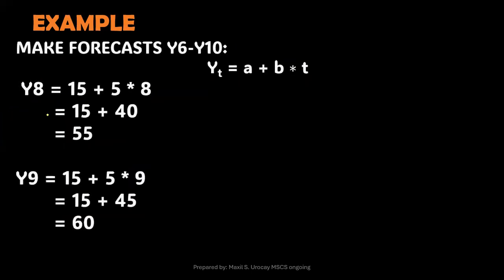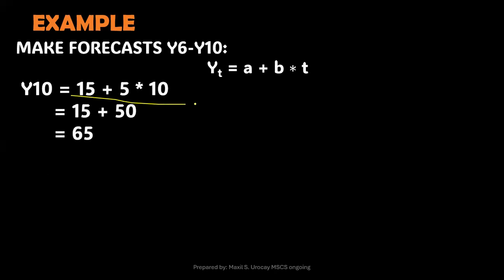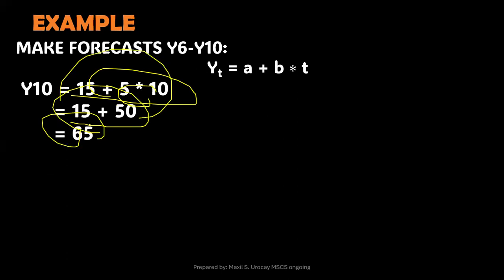For y8, 15 plus 5 times 8, 15 plus 40, equals 55. For y9, 15 plus 5 times 9, 15 plus 45 equals 60. And for y10, 15 plus 5 times 10, 15 plus 50 equals 65. So that will be the forecasted data.